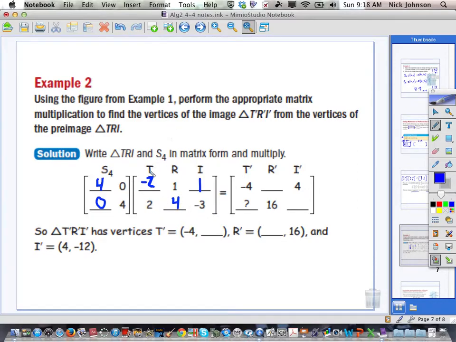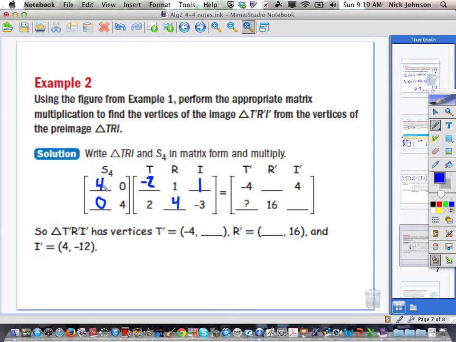So essentially, you are always taking 4 times a negative 2, 4 times 1, and 4 times 1. Now this is only with these size changes, okay? So don't confuse it with any other matrix multiplying to another matrix. Only for size changes.